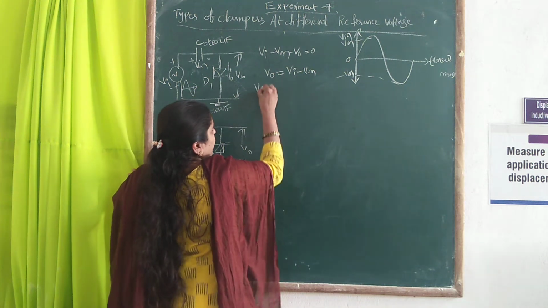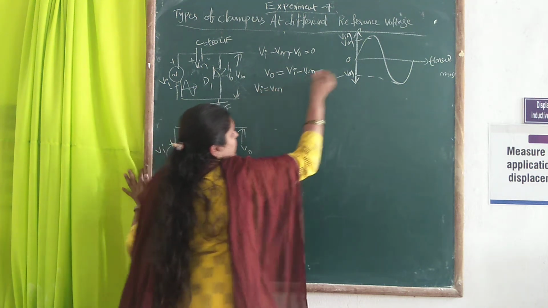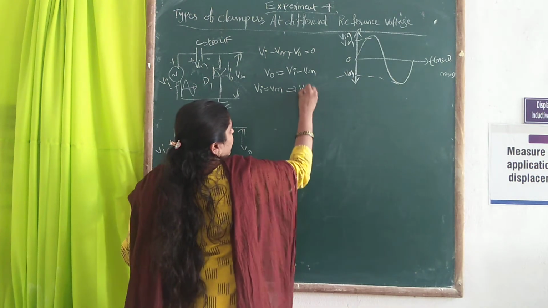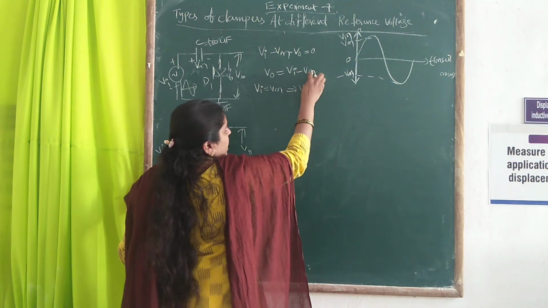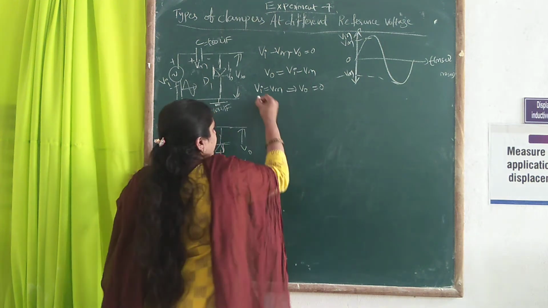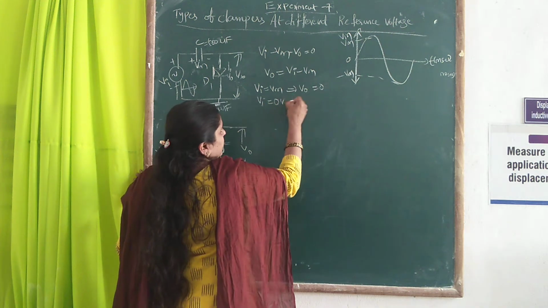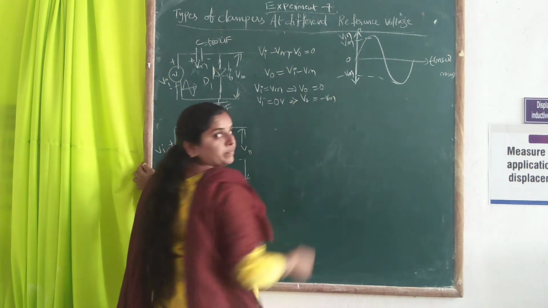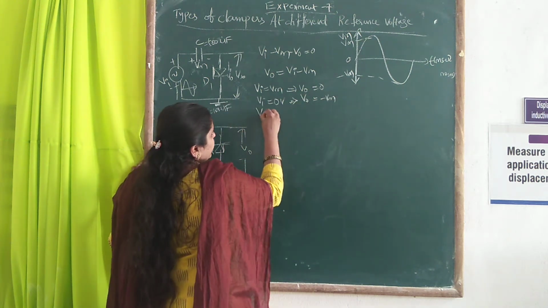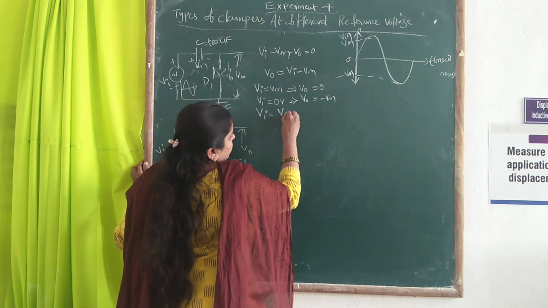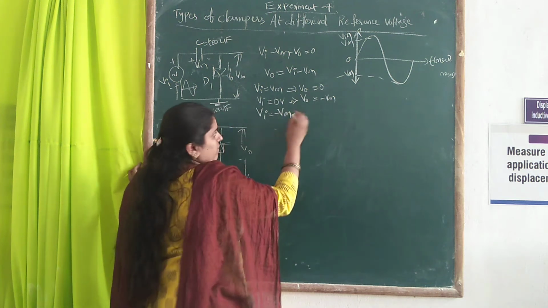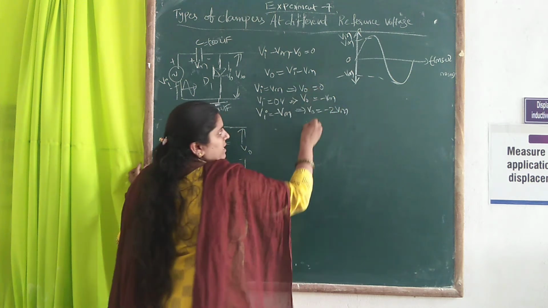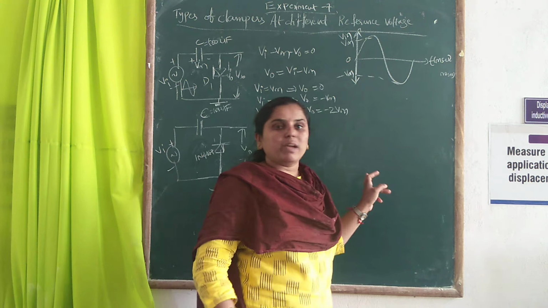So when Vi is equal to Vm, that is maximum voltage, then output voltage V0 is equal to Vm minus Vm, 0. When Vi is equal to 0 volt, then V0 is equal to minus Vm. Next, when Vi is equal to minus Vm, then V0 is equal to minus 2 Vm. By using these three conditions, we can draw the output waveform.